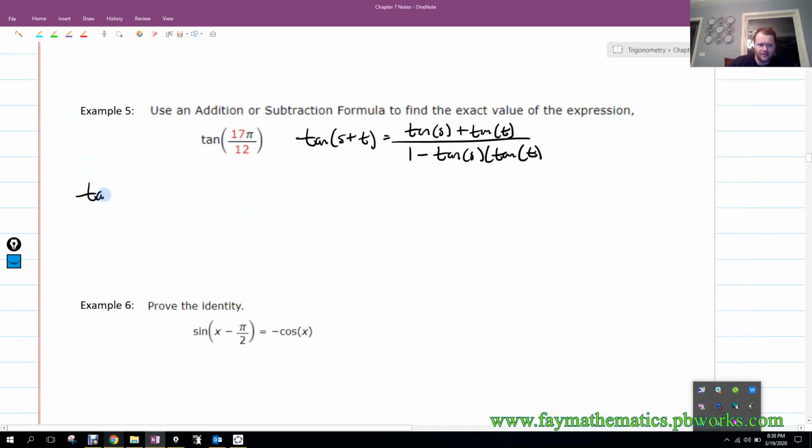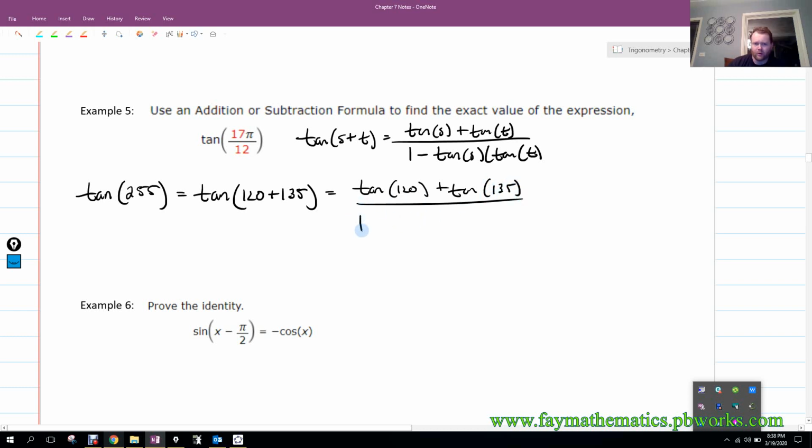So the tangent of 255 is equal to the tangent of 120 plus 135. Filling this in, that's tangent of 120 plus the tangent of 135 all over 1 minus the tangent of 120 times the tangent of 135.